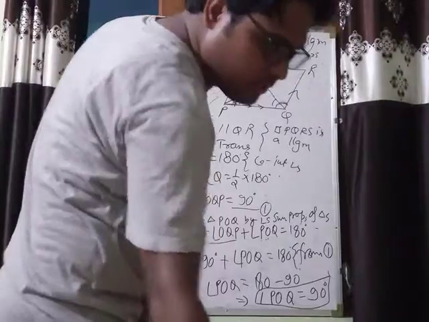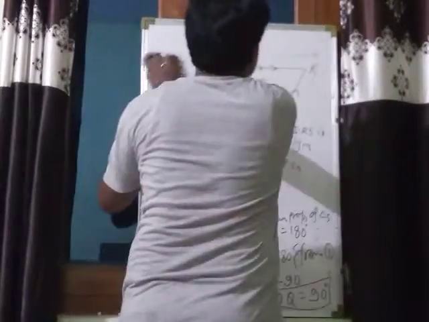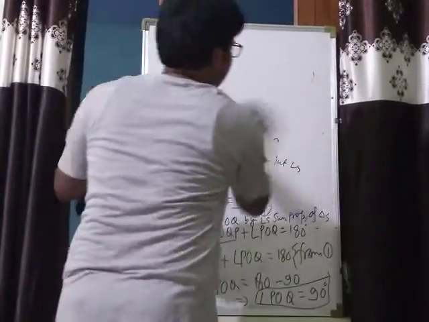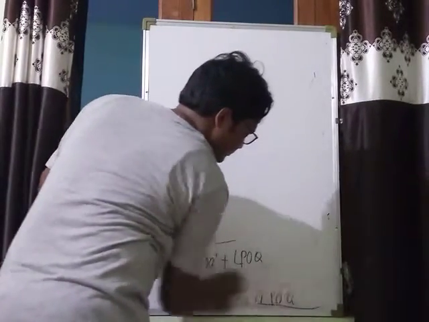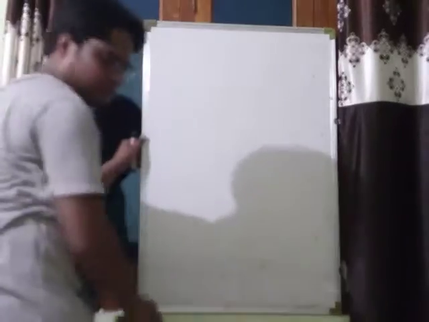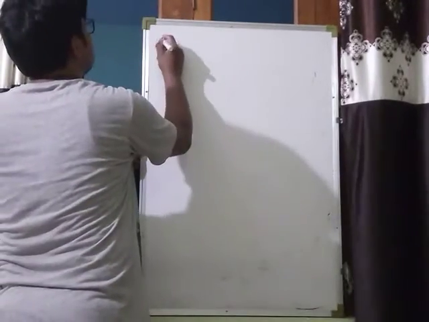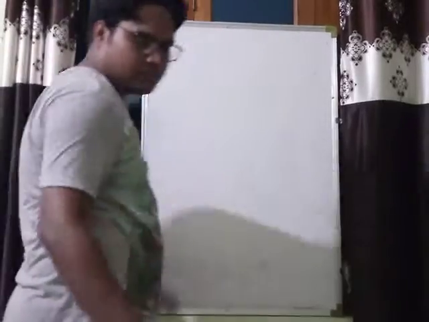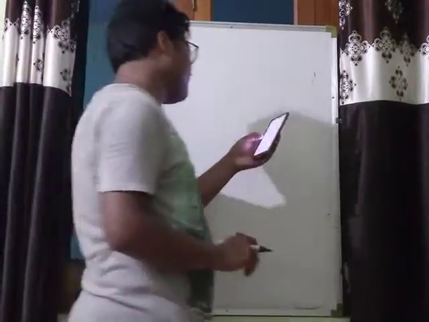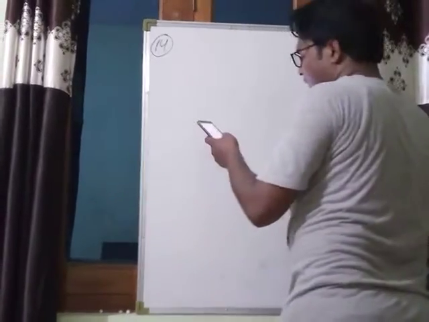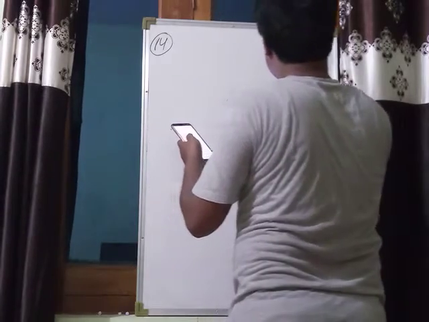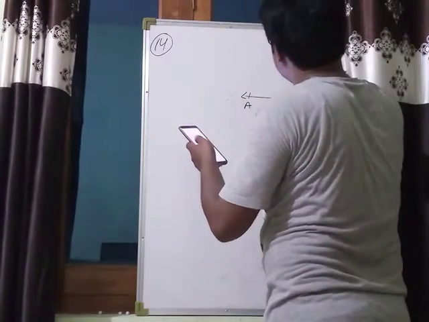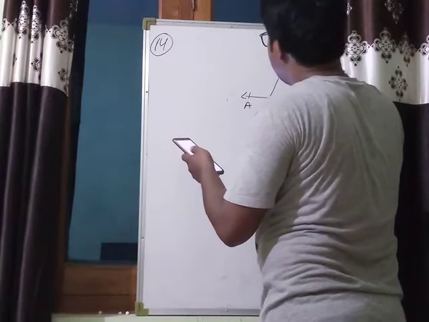Read question number 14 everyone. Question number 14. AOB is a straight line. If A minus B is 40 degrees, find A plus B. See this, AOB is a straight line.